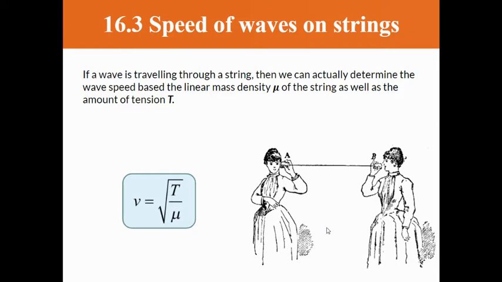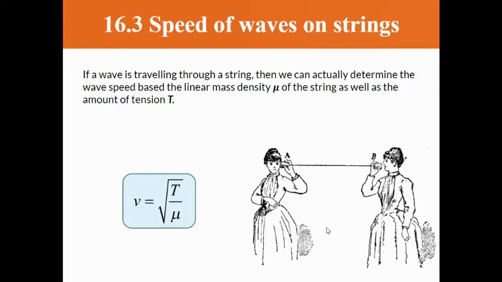Because in the same way that a stiffer spring has a bigger restoring force, a tenser string also does a better job of moving the particles up and down, oscillating as the wave passes through it, the tenser it is.